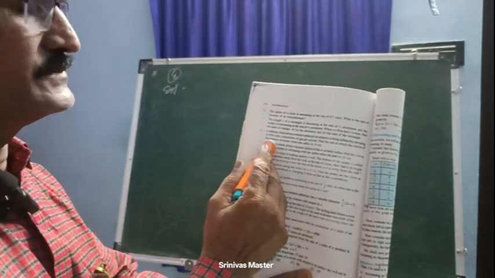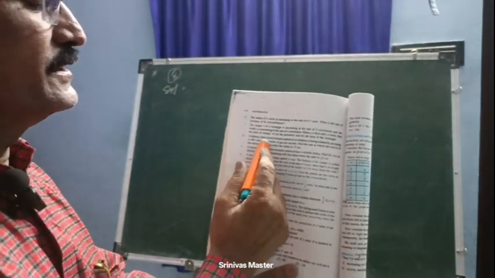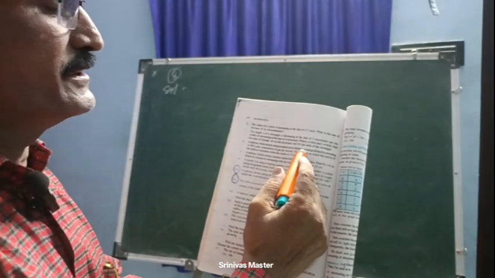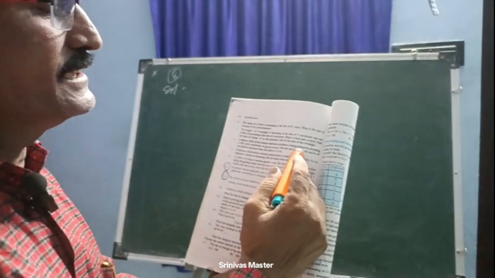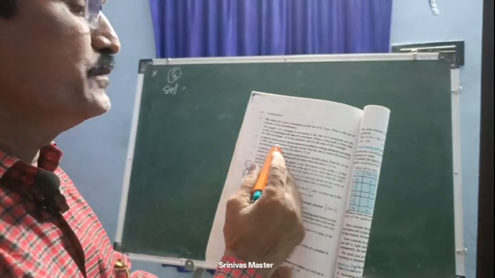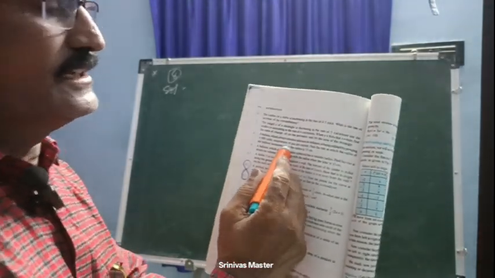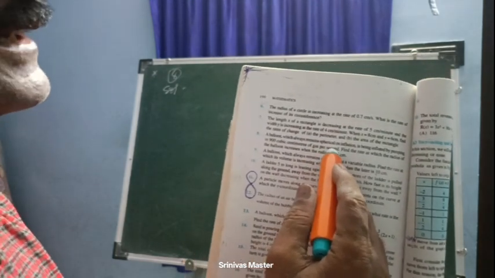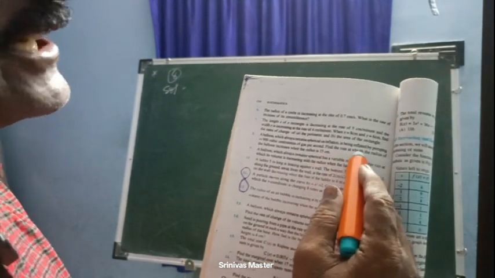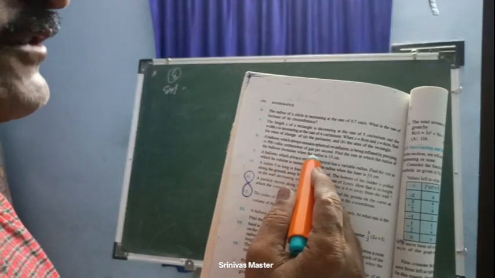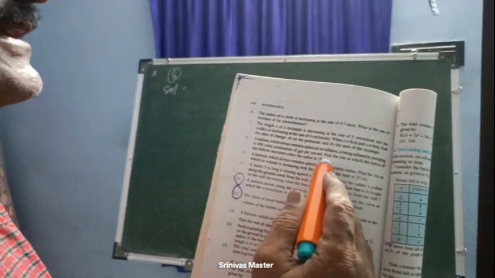A balloon which always remains spherical on inflation is being inflated by pumping in 900 cubic centimeters of gas per second, right? Find the rate at which the radius of the balloon increases when the radius is 15 centimeters.